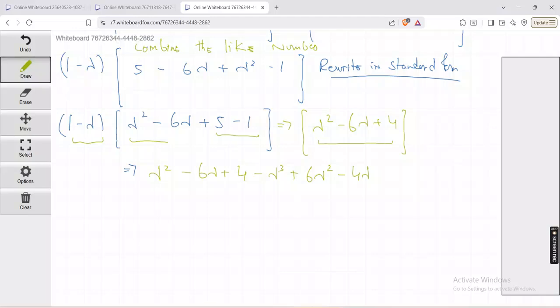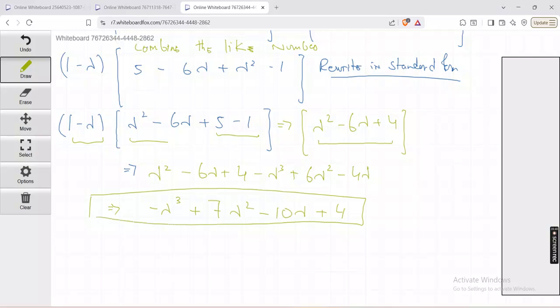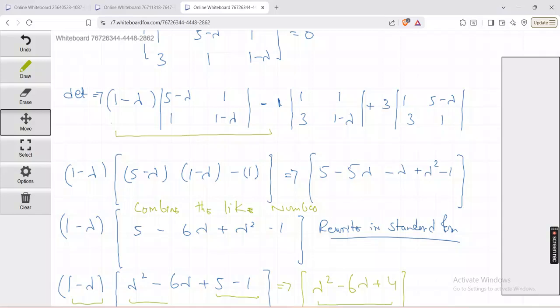Once you simplify it, the high power always comes first, so you can write minus lambda cube plus 7 lambda square minus 10 lambda plus 4. This was only for the first one. Now for the other two, and then you will combine them at the end.